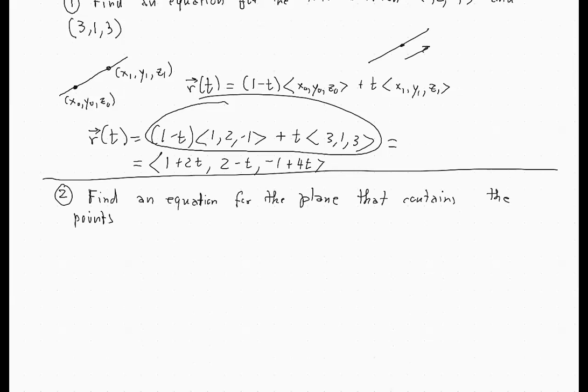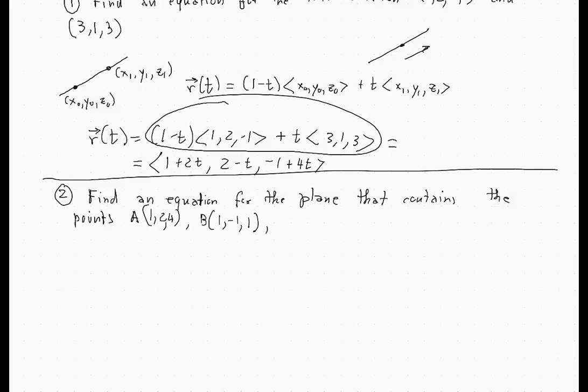Let's call this A to make our life easier. B, so B is (1, -1, 1). We denote that point by B, and finally the point C.